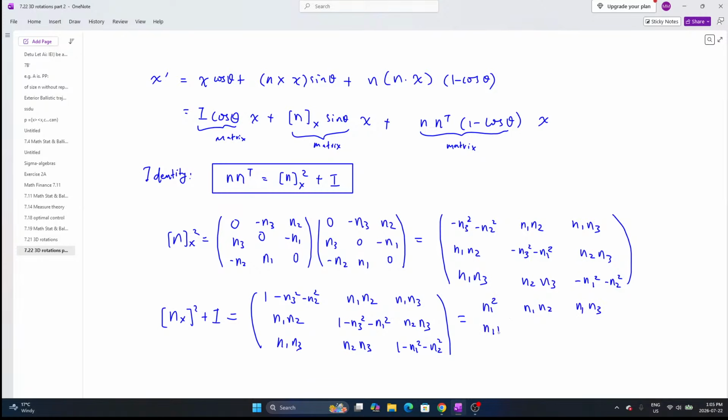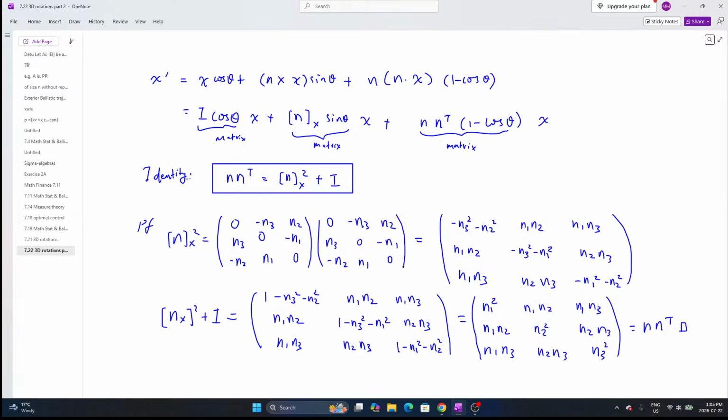But I'm glad everything worked out. It just needs a little bit of patience. Okay. So this is n times n transpose indeed. So that's proved. This is a proof.